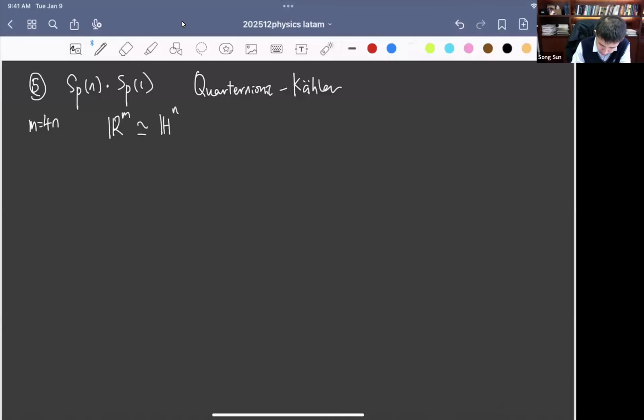Then Sp(n) is essentially just GL(n, H), so it acts on the left.